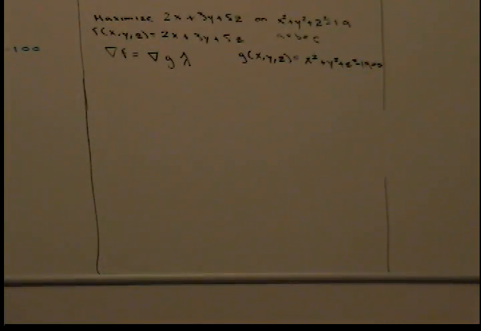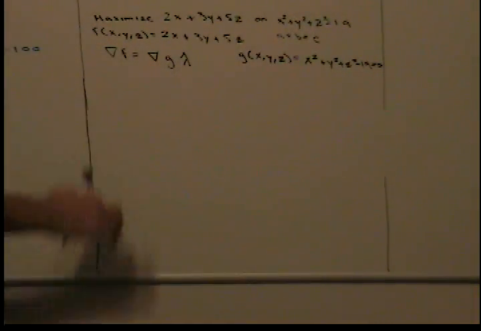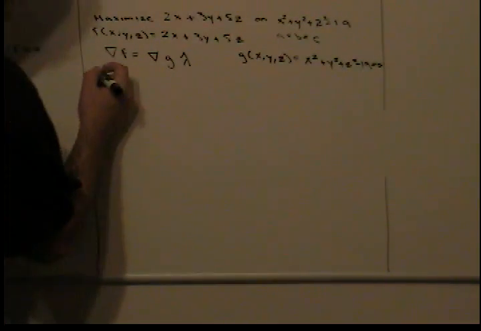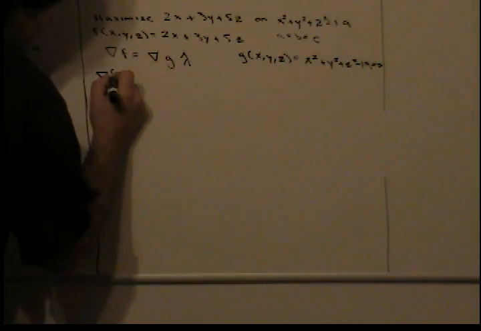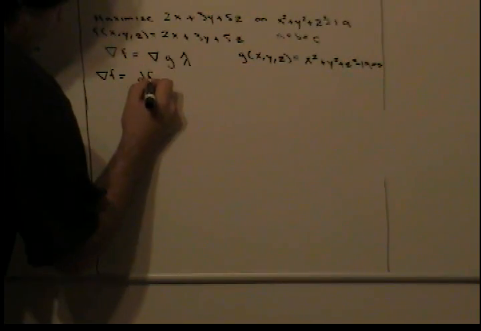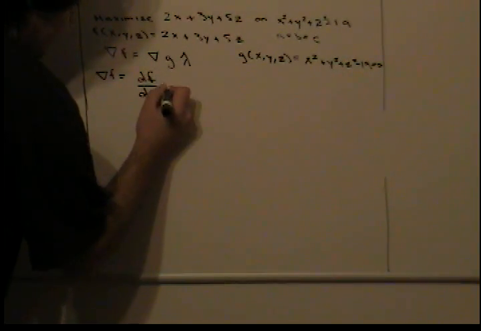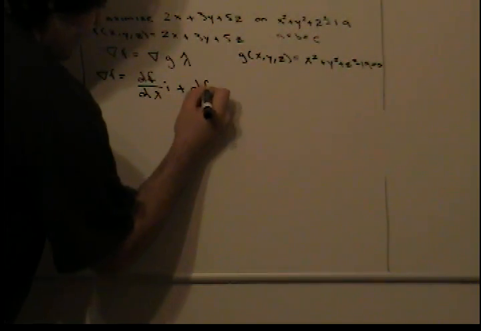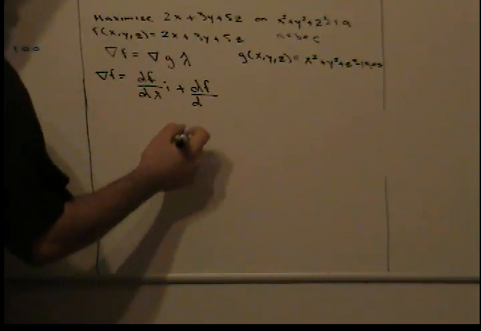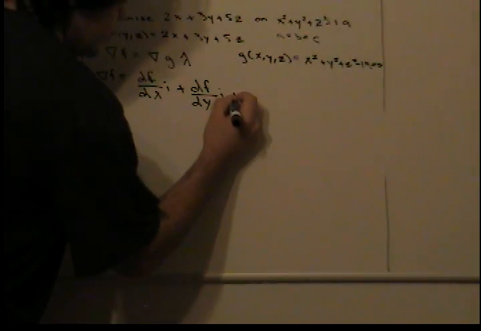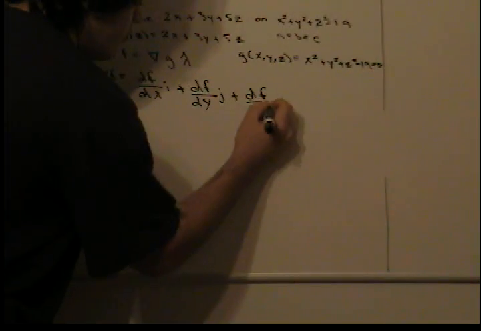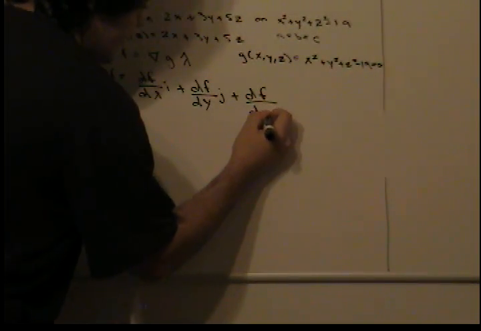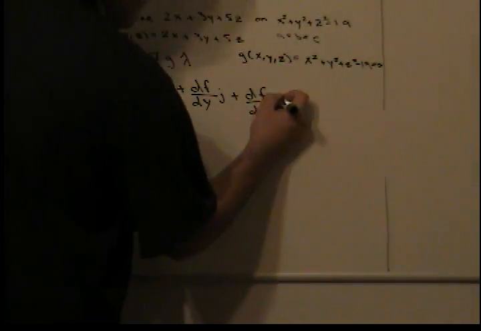Okay, so the first step we have to do is find the gradient of f. As you remember, the gradient is simply df over dx i plus df over dy j plus df over dz, if there is a z component, k.